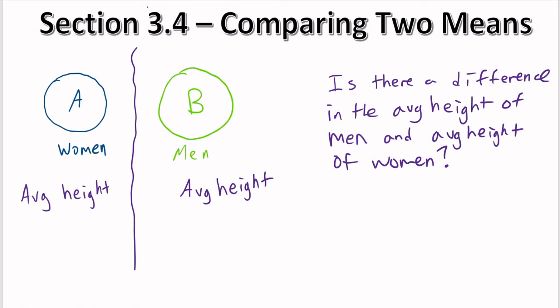So how have we represented that? Well, we represented that with mu because it's average, and then I'm just going to put a W here for women. So I'm asking, is there a difference between these two groups, these two populations? And in math, how we try to find a difference is we subtract them. So we're just going to subtract these two things.